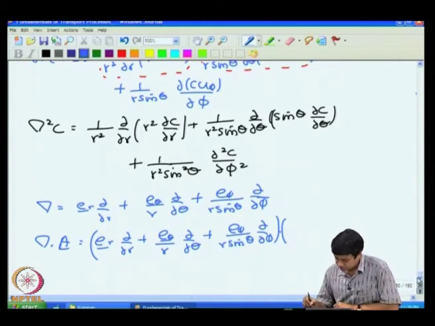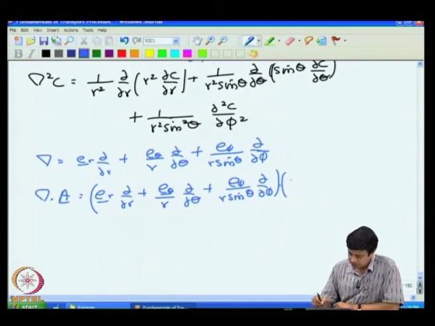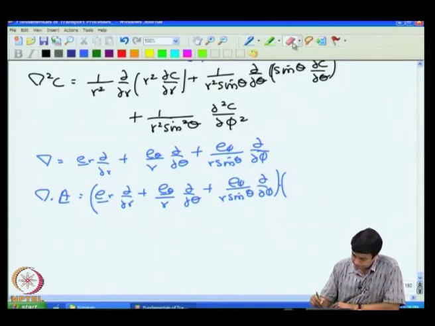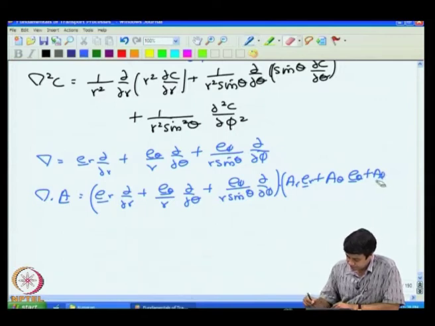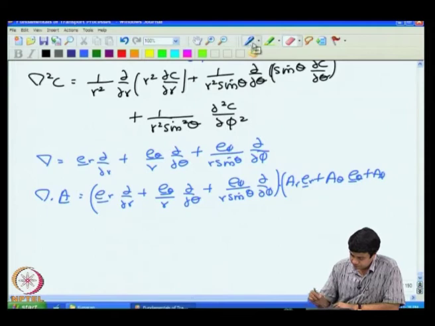Therefore, I will have the three components, A r E r plus A theta E theta plus A phi E phi.